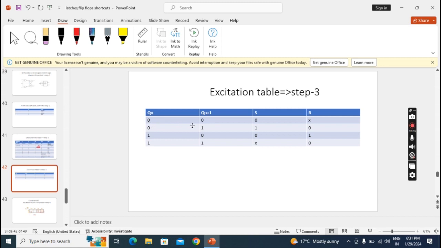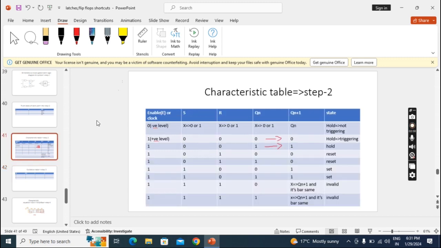So what is the n plus 1 value combination? 0 0. Now go to the characteristic table. From the characteristic table only we have to write the excitation. See n to n plus 1 value here, one time 0 0 and here one time 0 0.